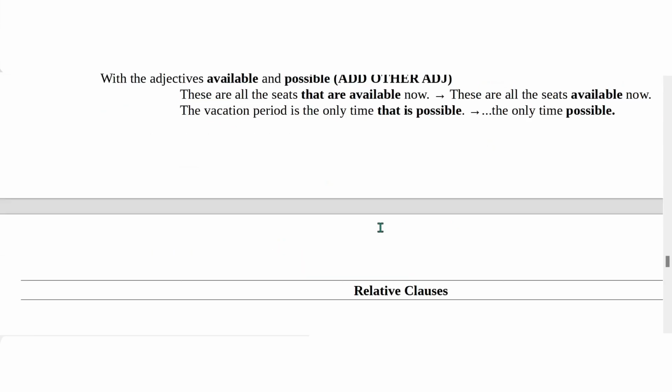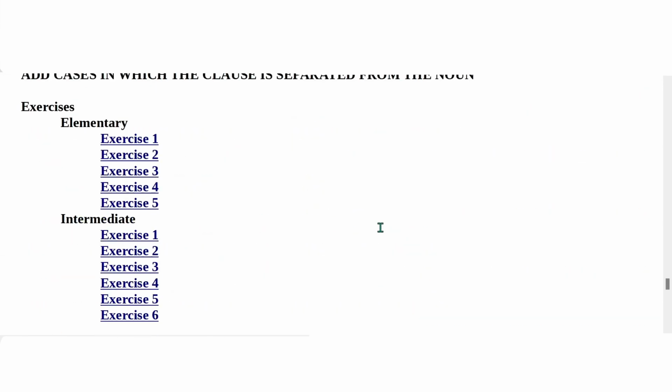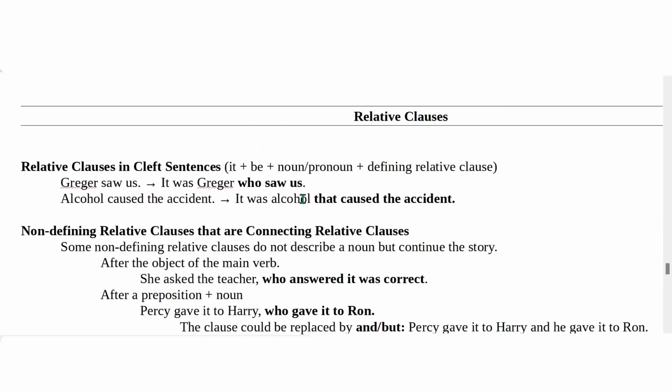Okay? So if there were many accidents for a period of time, and now you want to say that it was because of the alcohol, then you can say it was alcohol causing those accidents. Yes, you can do that. But in this case, like cause the accident, like one case, then no. Okay?